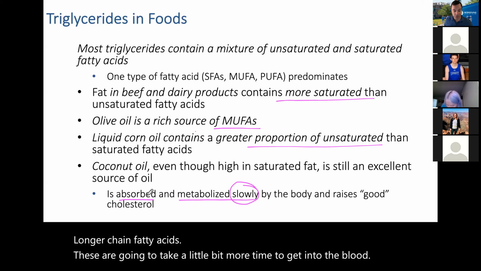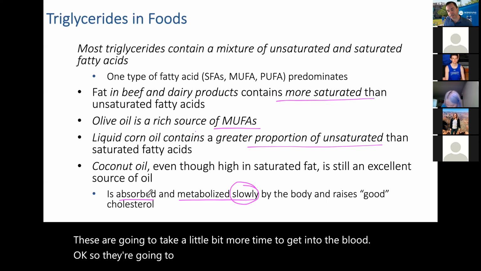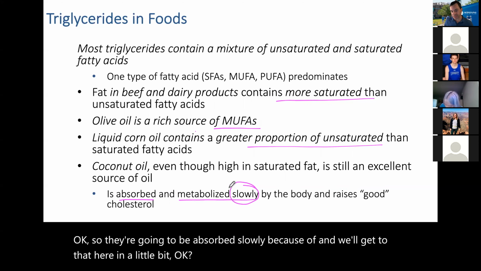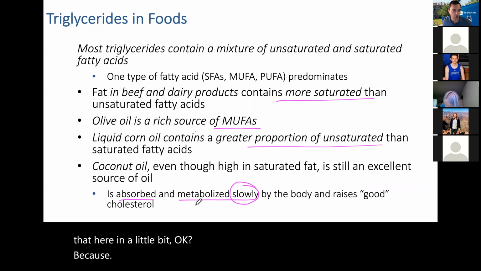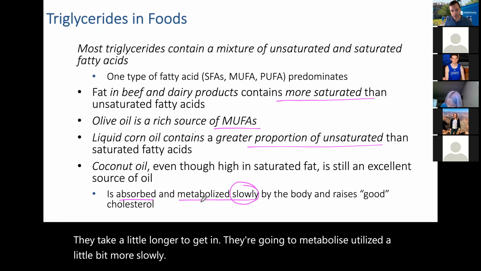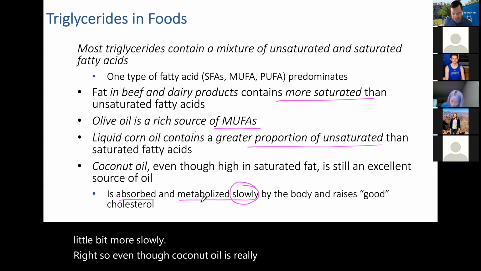So they're going to be absorbed slowly because of that. And we'll get to that here in a little bit. Because they take a little longer to get in, they're going to be metabolized, utilized a little bit more slowly. Right? So even though coconut oil is really high in saturated fats, it's not necessarily a bad thing.